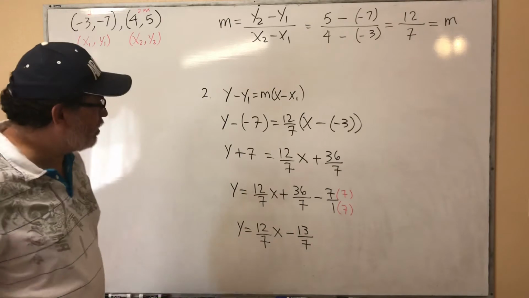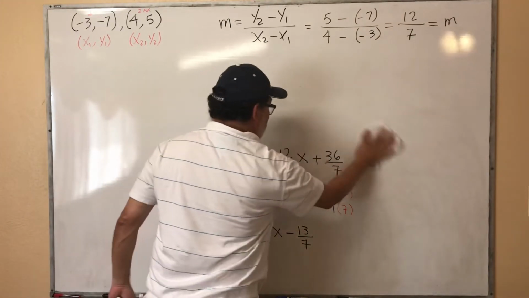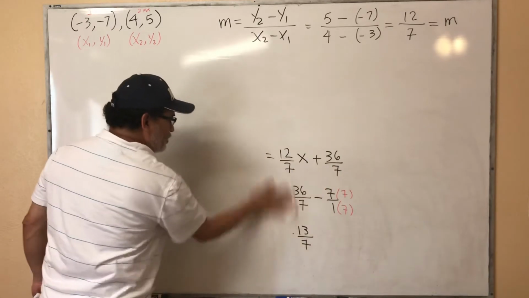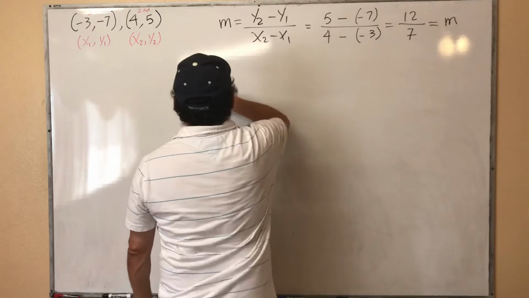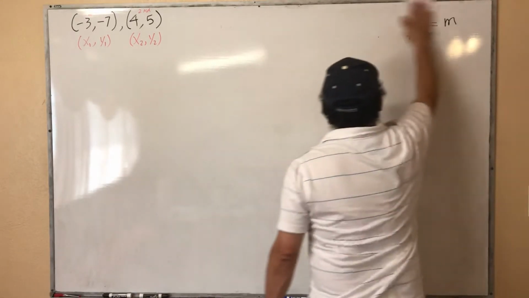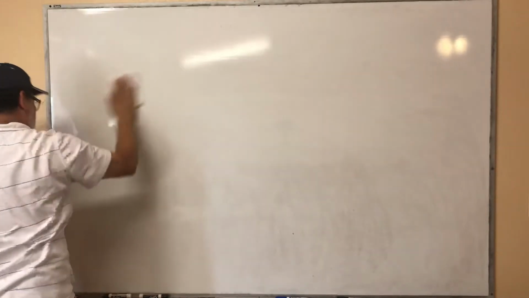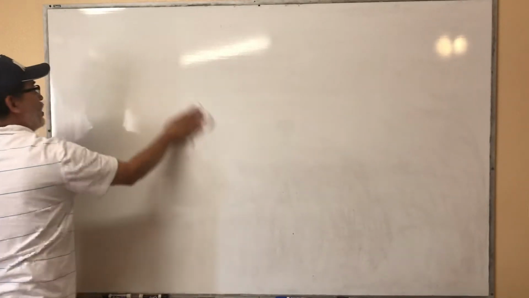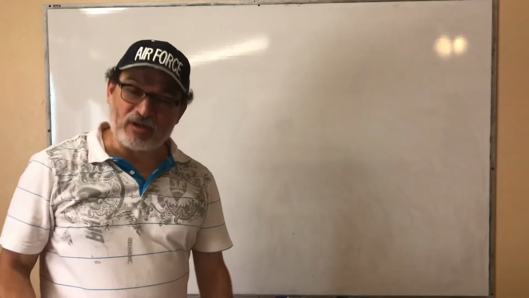Okay? So here we go. So now the line is playing tricks on you. So if a line comes through the door saying, find my equation, what do you tell the line?